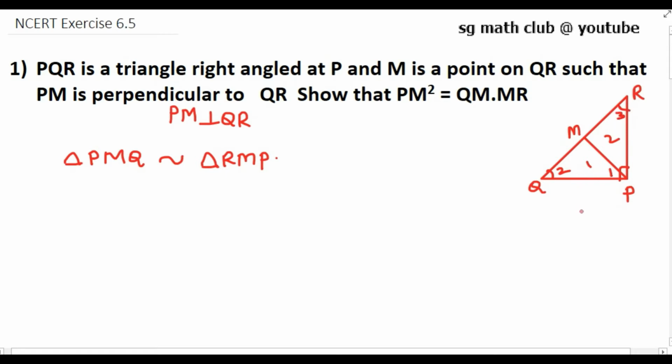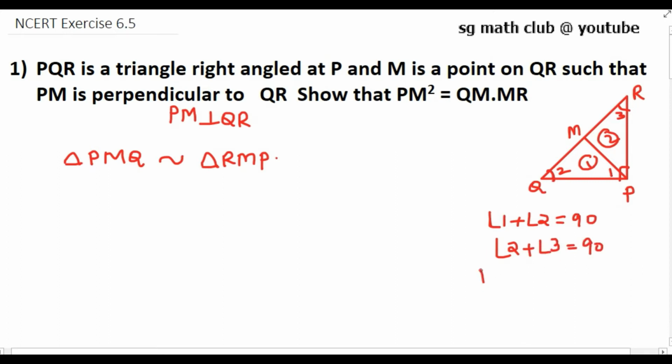So I can say that in this triangle, angle 1 plus angle 2 is 90 degree. Again from the big triangle, angle 2 plus angle 3 is also 90 degree.